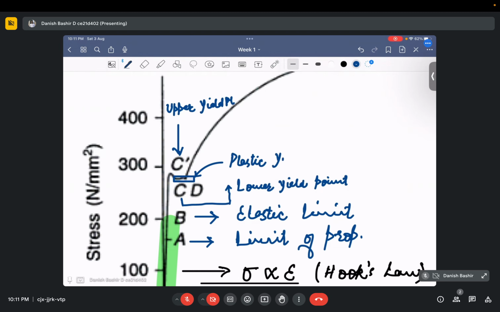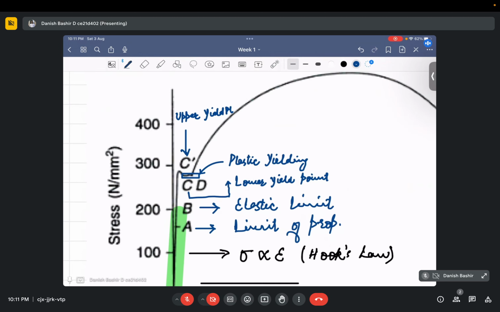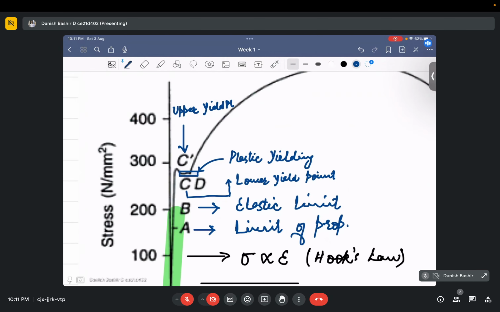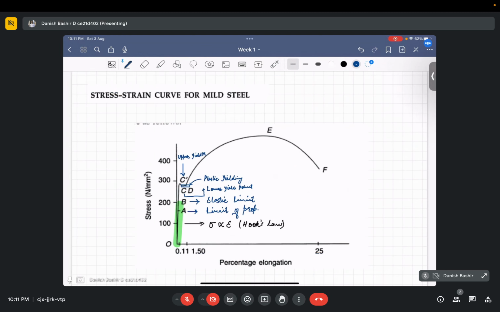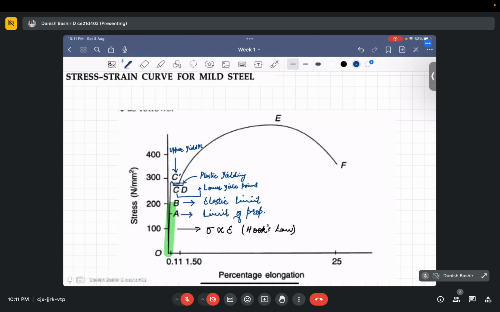For example, if at point D you remove the loads or stresses from your steel specimen, it will not retrace the path D, C, C dash, B, A to O. It will have some permanent deformations. That's why we call it plastic yielding.